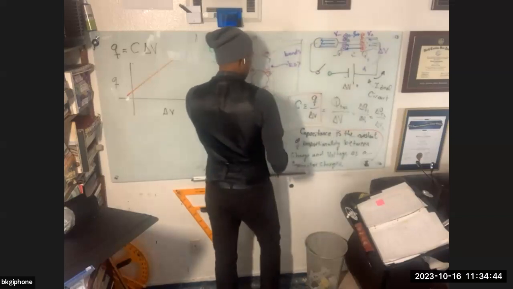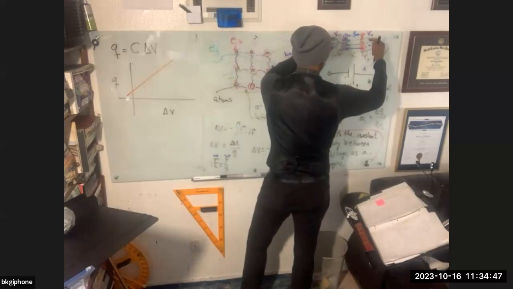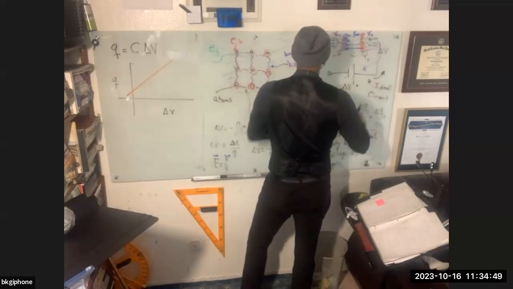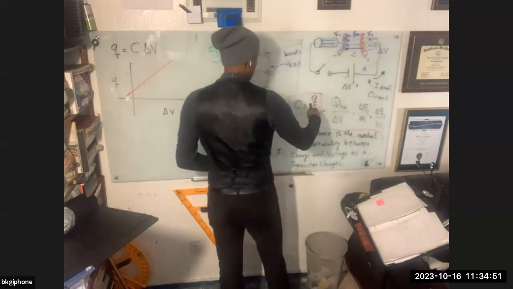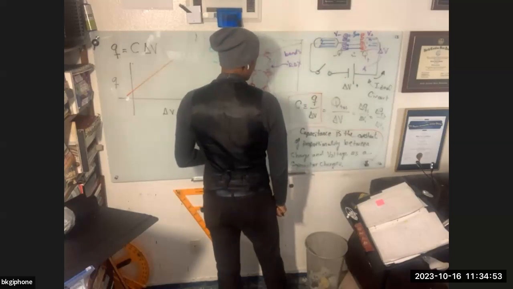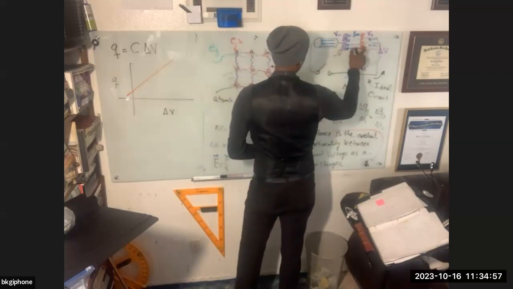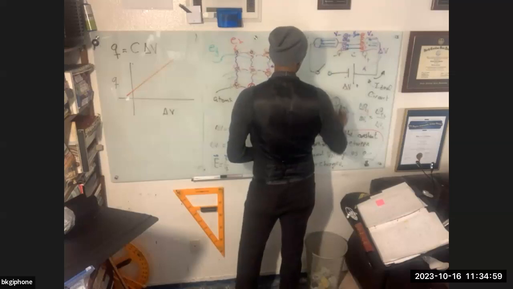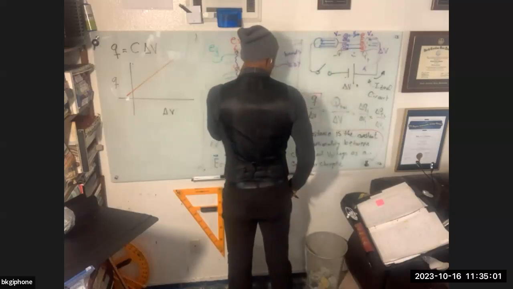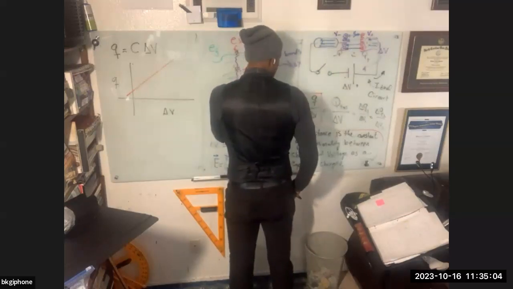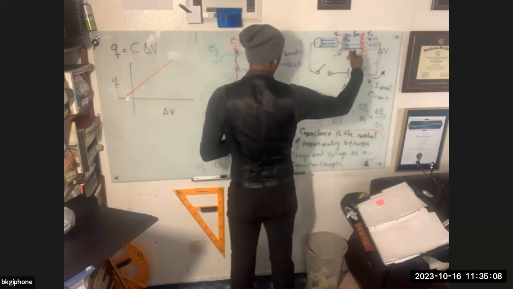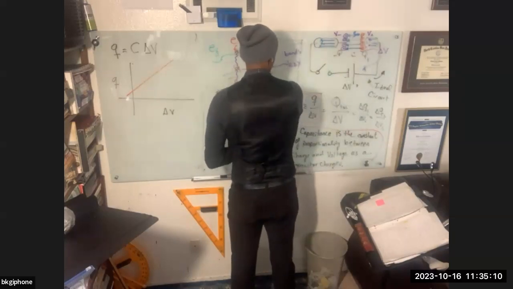The way you could do that is you measure the voltage on the capacitor to make sure it's the same as the voltage you're getting here, and then you could use this relationship. If you wanted to measure the capacitance, you would need something over here to determine the charge, and there are devices that do that. Or if you know the capacitance, then you could figure out what the charge is for that voltage.